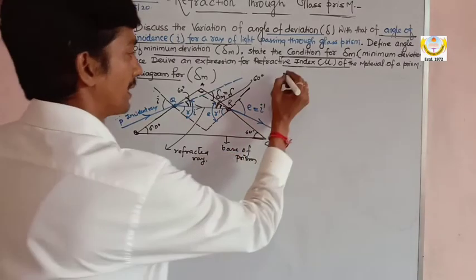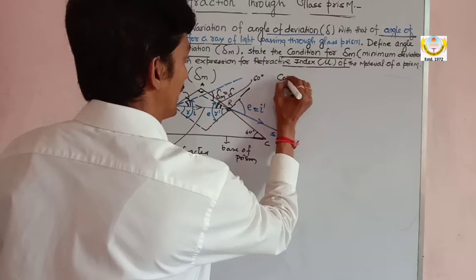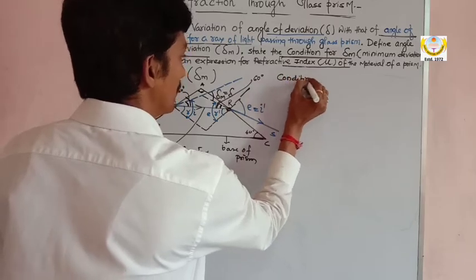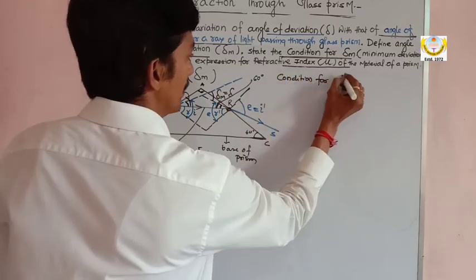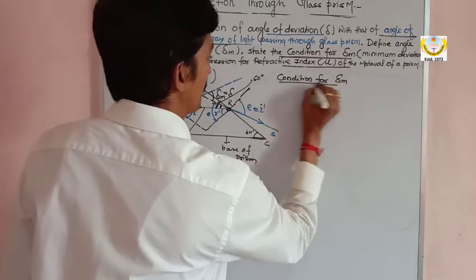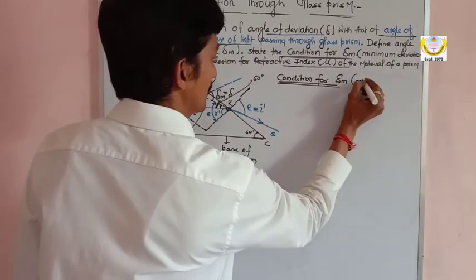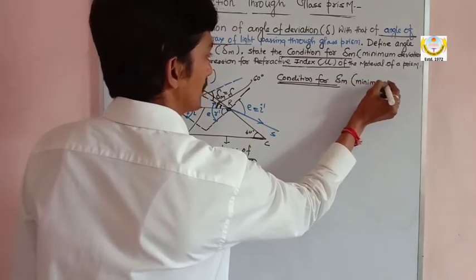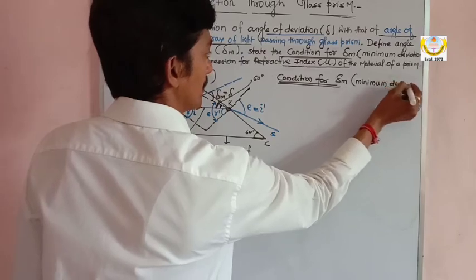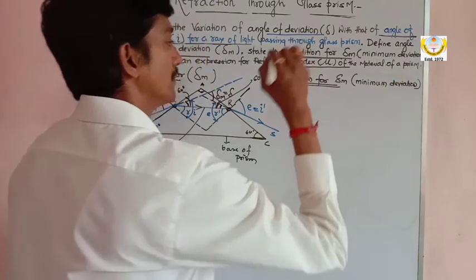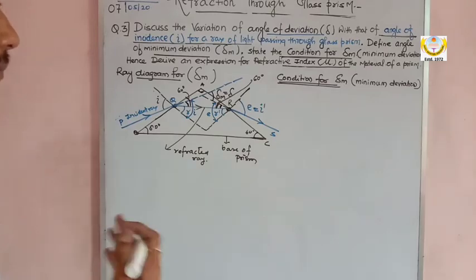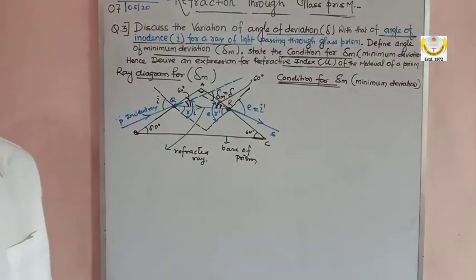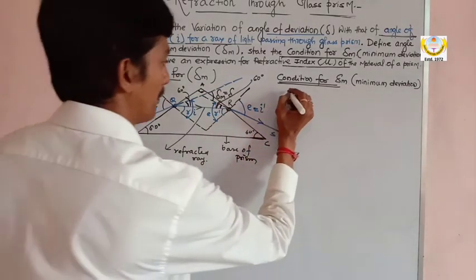So I have written here point number 1, my dear. I am writing here the condition for delta M, that is minimum deviation. Condition for minimum deviation. And what is the condition for minimum deviation? Number 1.